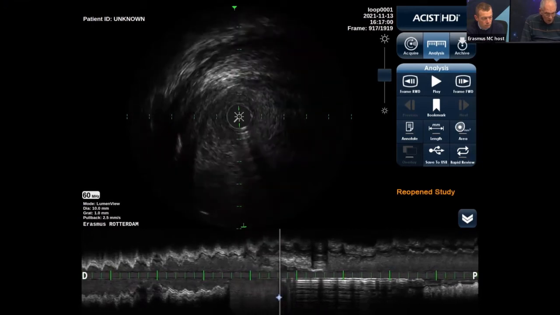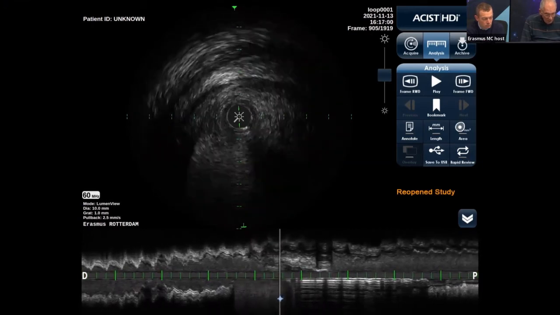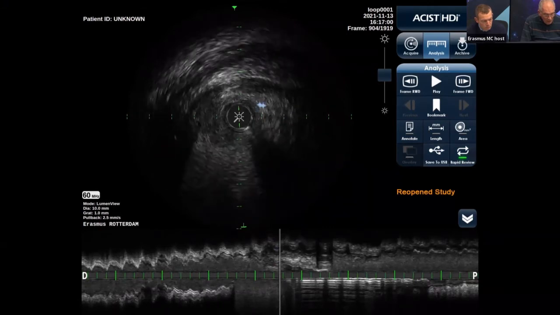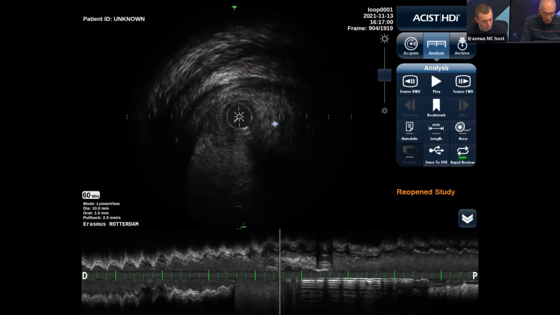But what we appreciate here, and then I stop in here, and then I will let it run. This mass in here, where the IVUS catheter is against, and if I make this in movement, then you see that there is a double layer at the plaque, and this is what I call subacute thrombus in there.